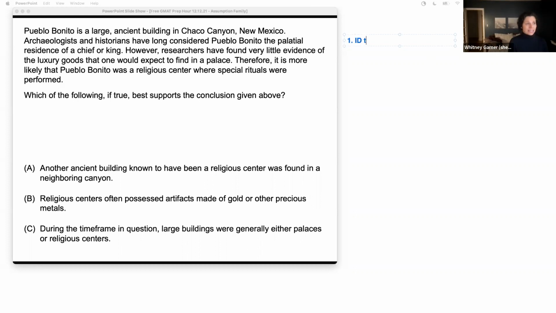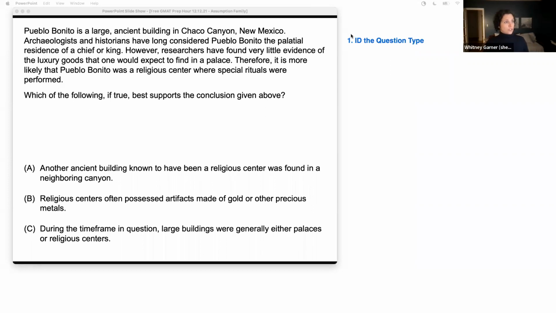Step 1 is ID the question type. Now, in general, it's most important for me that we identify the question family or type. So if I am in the assumption family, it's okay that I acknowledge assumption family. But it can be helpful to fully see the question type itself.